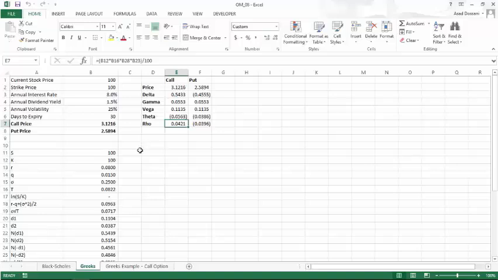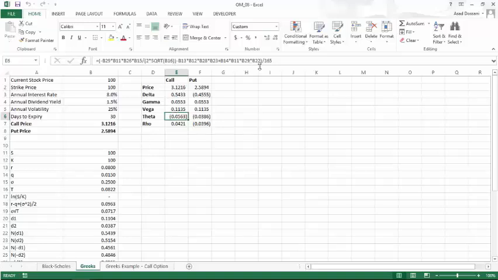I'd like to point out one other thing that is important. It is actually different here to the formulas that we saw in the previous slide. For theta and for rho, I've added something which is not on the slides.